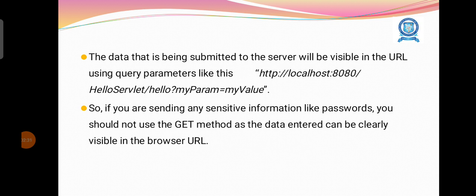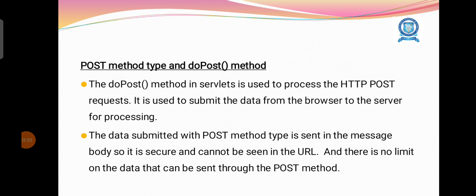The data that is being submitted to the server will be visible in the URL using query parameters like this: http://localhost:8080/helloservlet/hello?myparameter=myvalue. So if you are sending any sensitive information like passwords, you should not use the GET method as the data entered can be clearly visible in the browser URL.